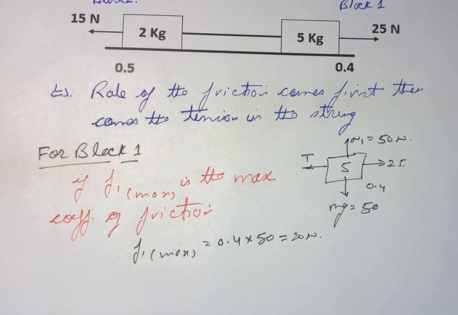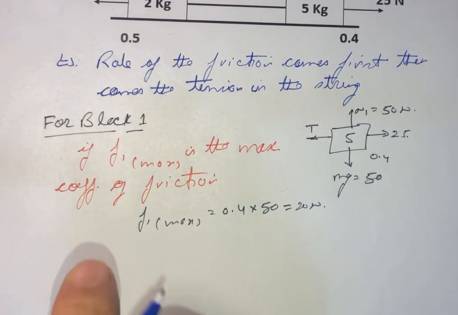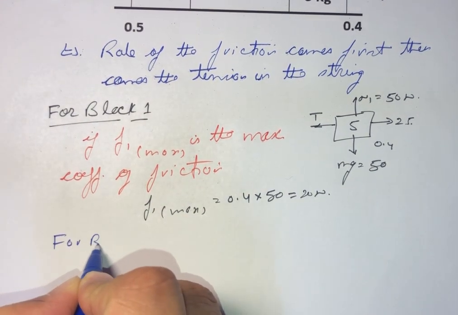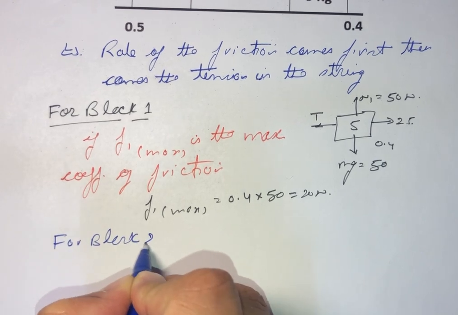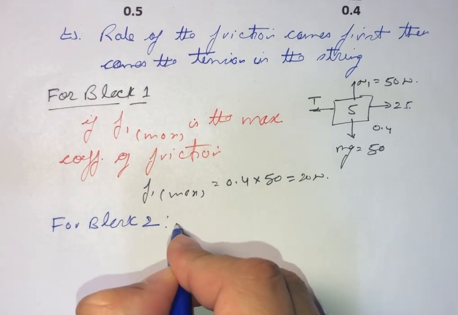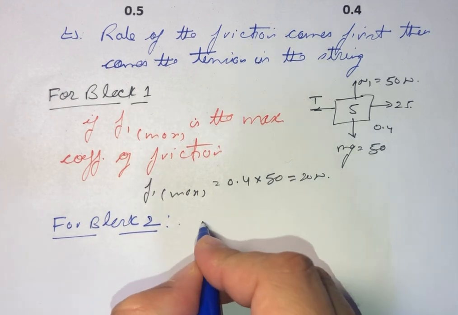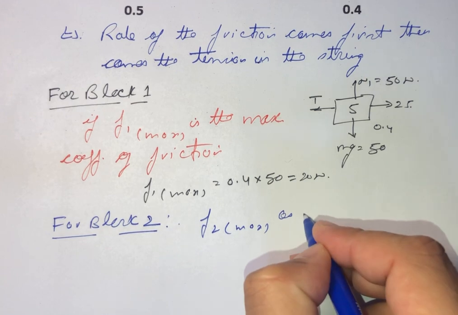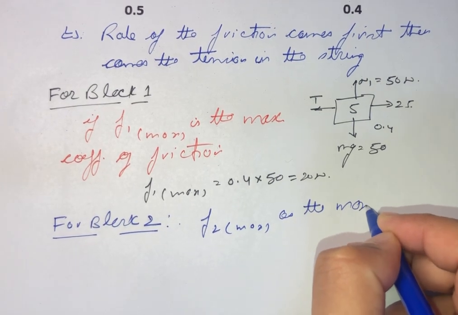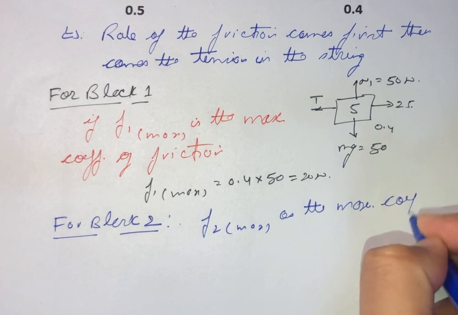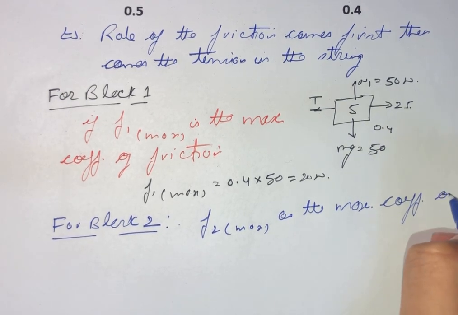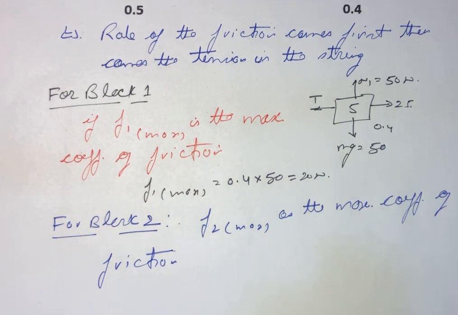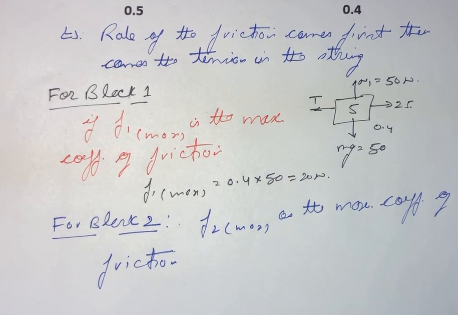And similarly for block 2, we have F2 max as the maximum friction.